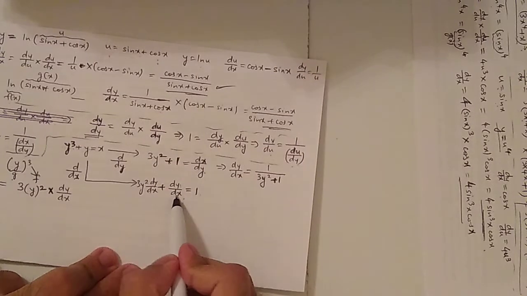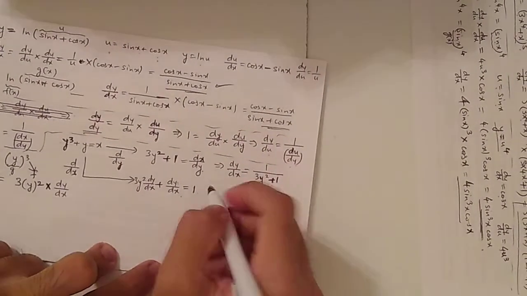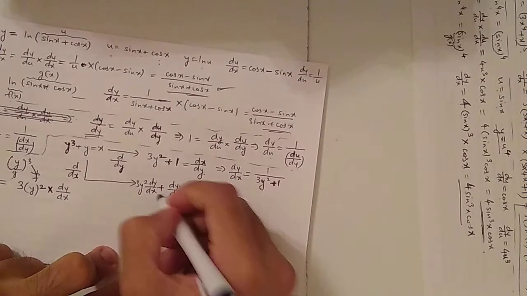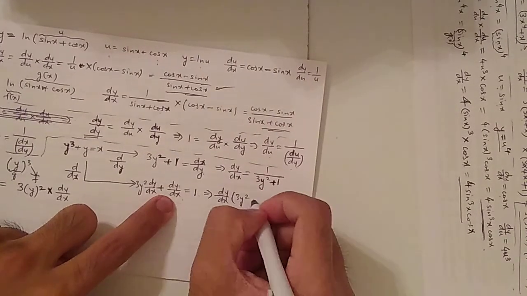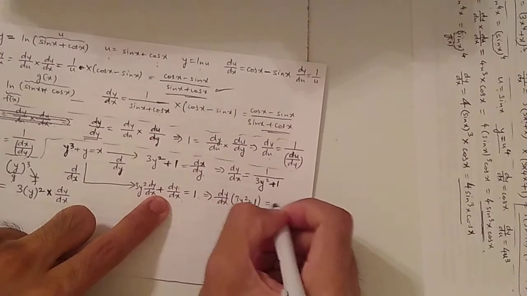Notice that dy by dx is common in both the expressions, so we can factorize it out. If we take out dy by dx, we get in the bracket 3y squared from the first term and plus 1 from the second term. There is no coefficient to dy by dx, so it's simply 1, and this is equal to 1.